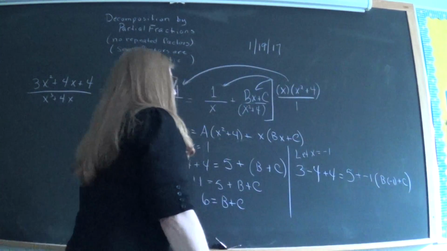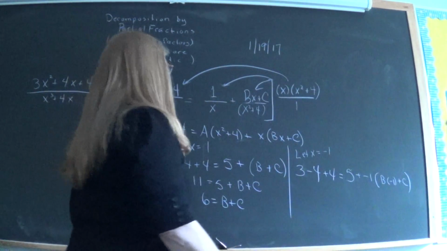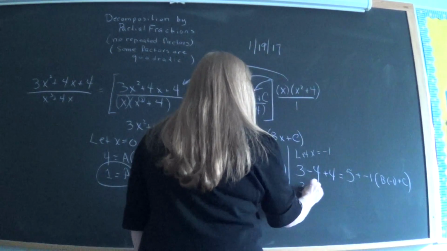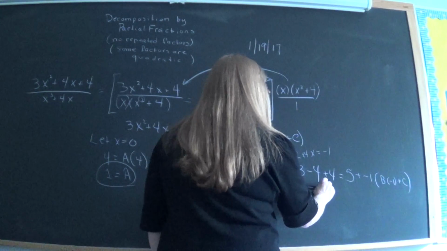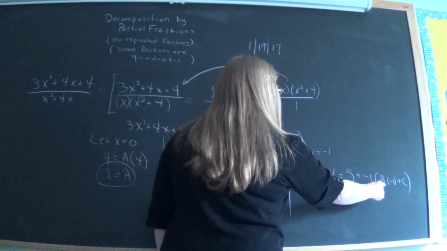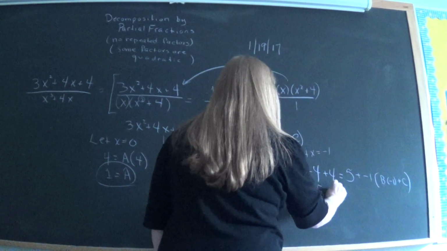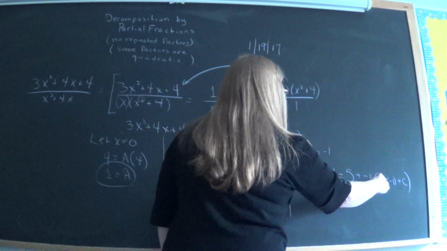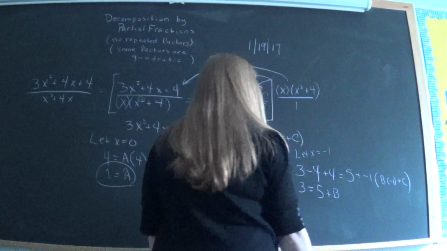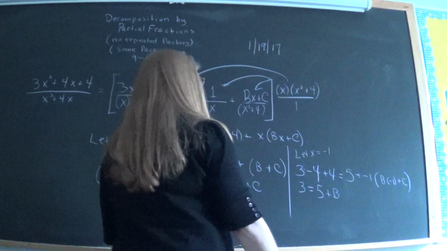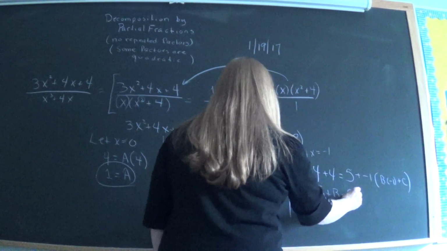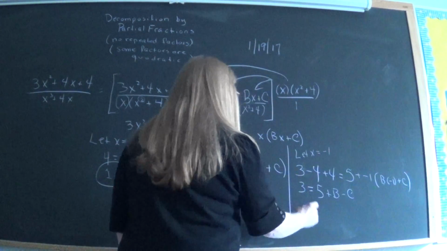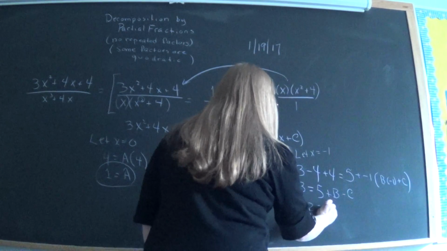Alright, so cleaning up that mess, I get on this side a 3 equals 5. Minus 1 times a minus b is a plus b. And a minus 1 times a minus c is a minus c. So I move the 5 over, minus 2 equals b minus c.